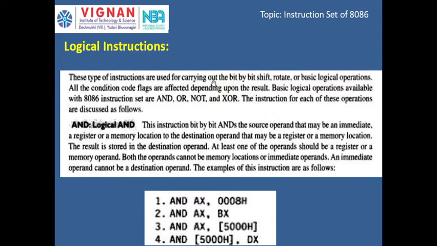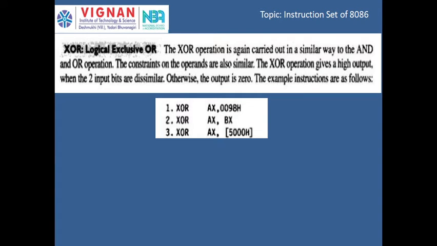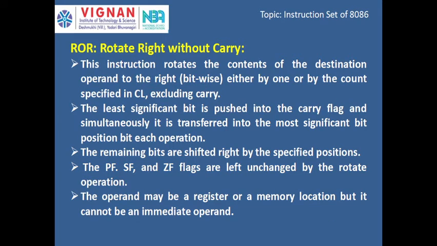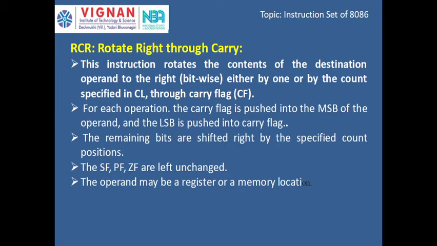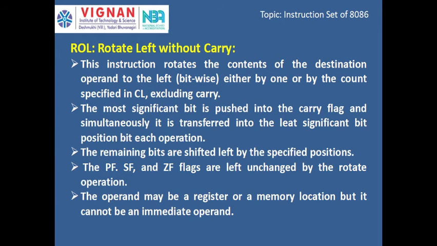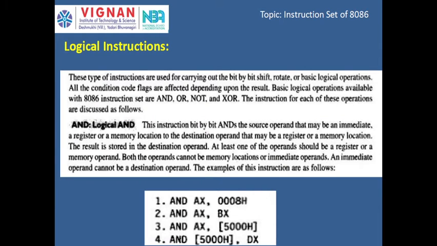So these instructions are AND, OR, NOT, XOR, that is logical exclusive OR, and also shift left, shift right, rotate right without carry, rotate left without carry, rotate right through carry, rotate left through carry. So first we will discuss the basic logical operations and instructions.